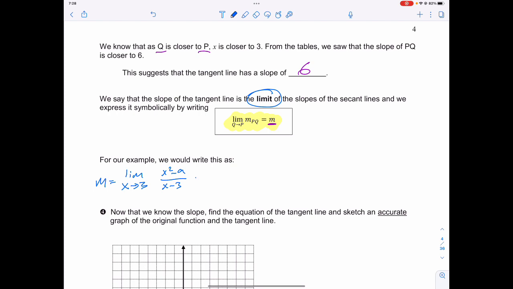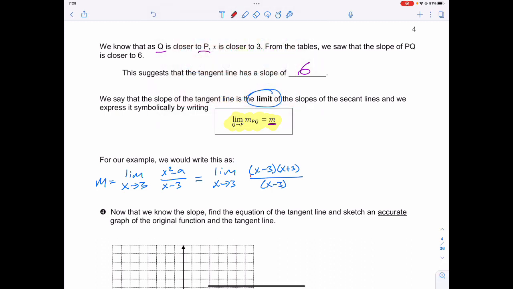This means that the limit as x approaches 3, when I factor that numerator, is x minus 3 times x plus 3 over x minus 3.